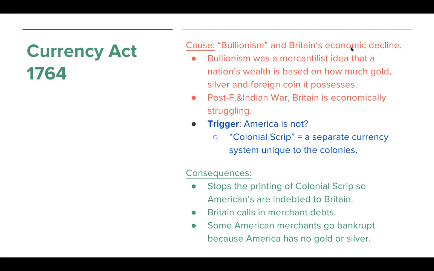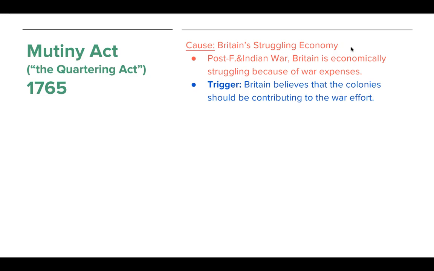And so obviously that really irritates a lot of American colonists because their businesses go bankrupt. And so that's the Currency Act. And you can kind of see as we go through these acts how Americans could start to get a little bit frustrated with the British Empire.